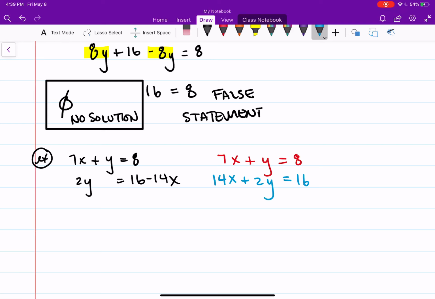Now everything is lined up. Now I can say, okay, what do I want to get rid of? Do I want to get rid of this and multiply by negative 2? We could do that. The top is going to be what? A negative 14x minus 2y equals negative 16. And what does the bottom look like? 14x plus 2y equals 16.